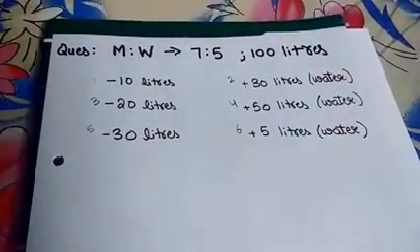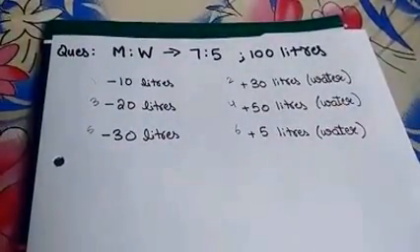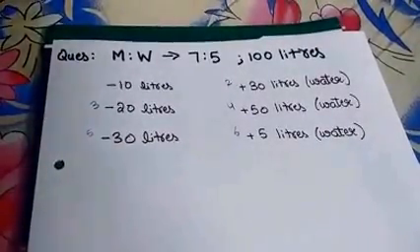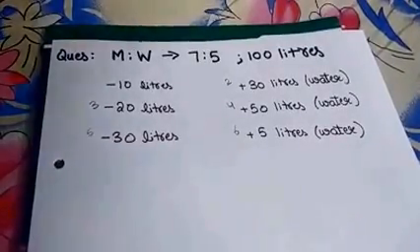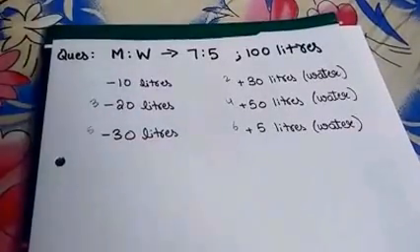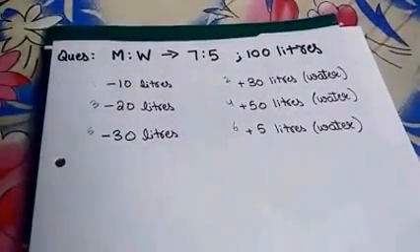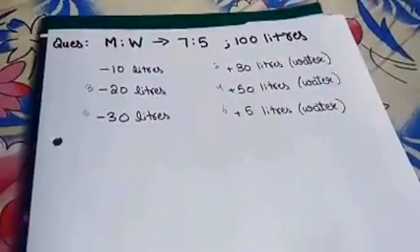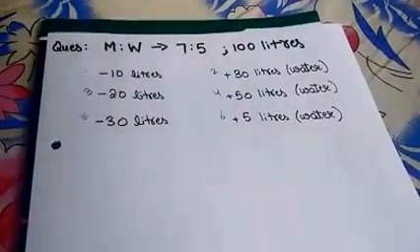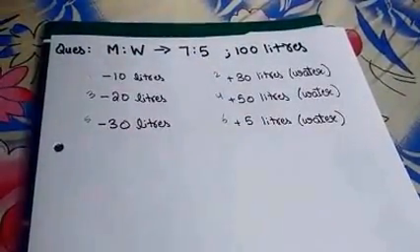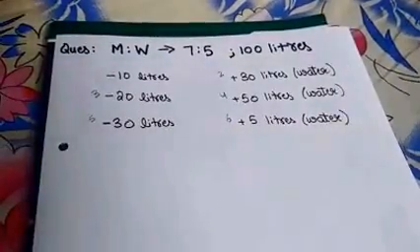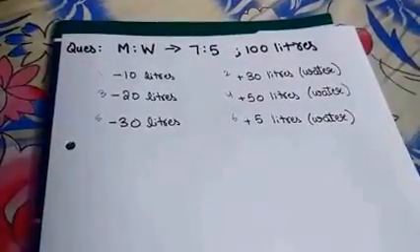Firstly, 10 liters of this solution is removed, and then 30 liters of pure water is added, and then 20 liters of that solution is removed, and then 50 liters of water is added, and then 30 liters of that solution is removed, and then 5 liters of water is added. So now we have to find the final state: what is the ratio of milk and water, and what's the total volume and the concentration. So you have to find everything, because anything could be asked, right?